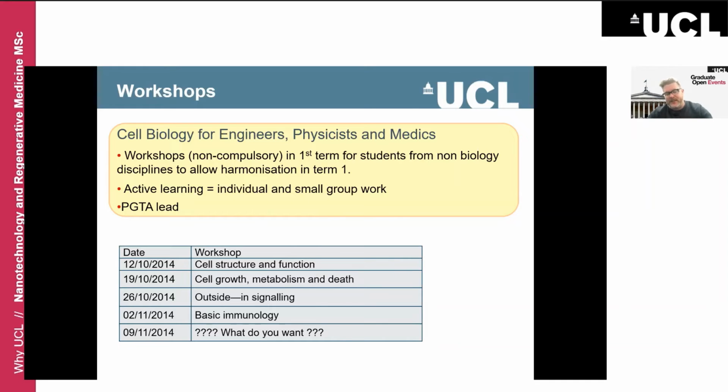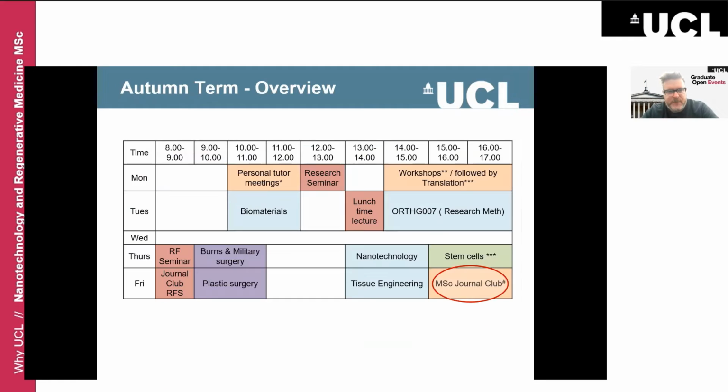We also have some medics that join the course at different stages of their career. We're aware that these students don't necessarily have the cell biology needed for some of the research, the tissue engineering and the stem cell module. So we provide additional co-curricular activities in terms of cell biology and basic biology workshops.